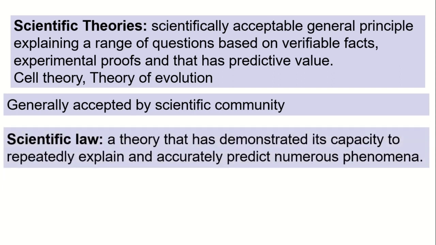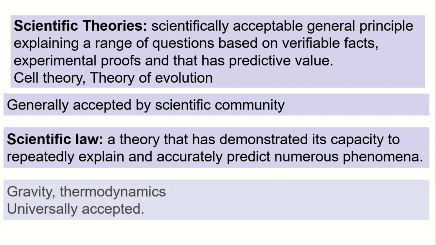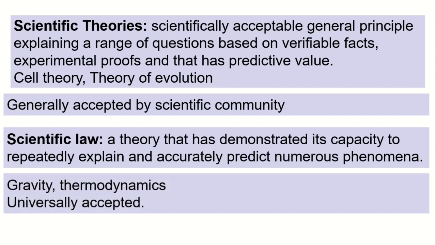It is a theory that has demonstrated its capacity to repeatedly explain and accurately predict numerous phenomena. Scientific law is accepted by everybody, which means it is universally accepted, such as law of gravity and thermodynamics. To understand clearly what is the scientific theories and scientific law, let's talk about cell theory and law of gravity.